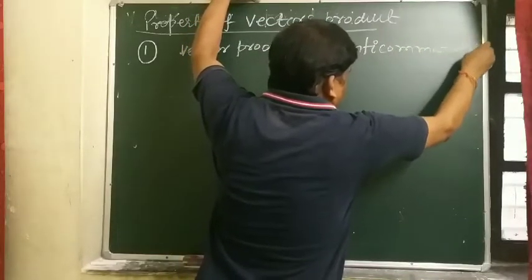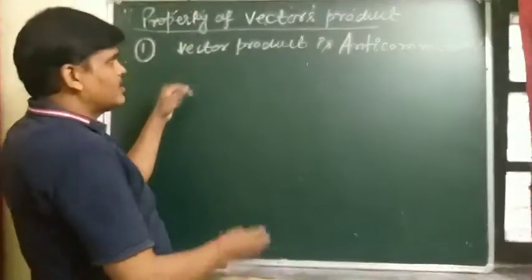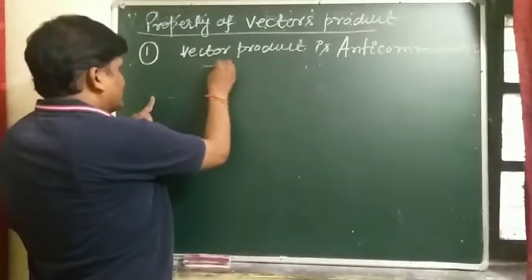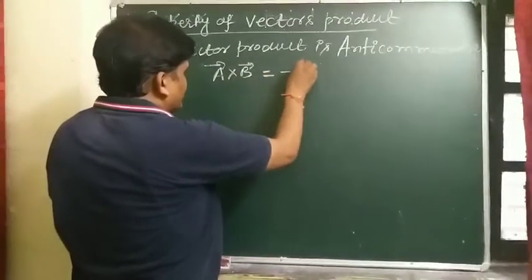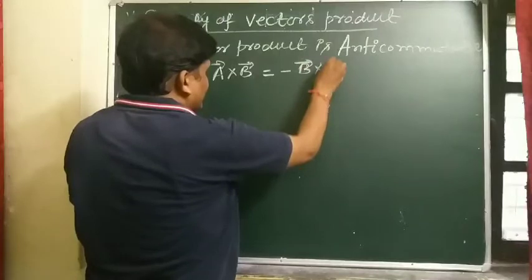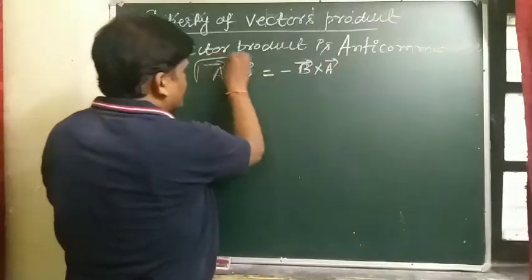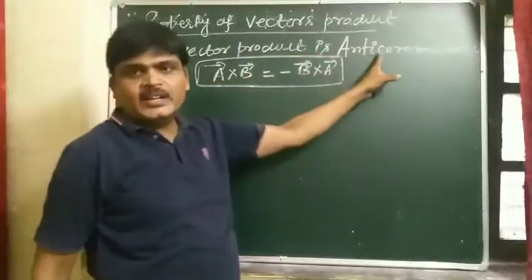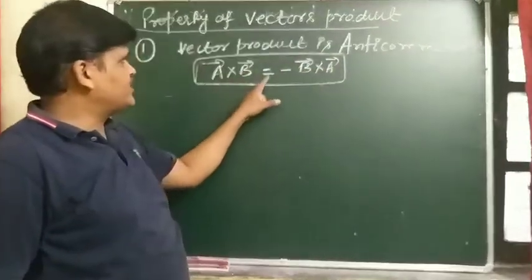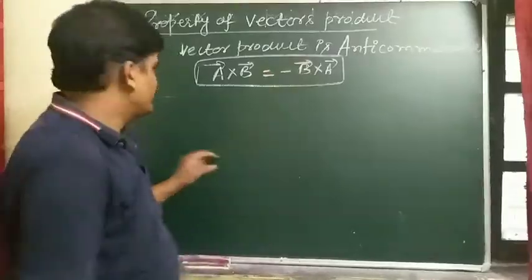It means it does not obey the commutative law. Vector A cross vector B can be written as minus vector B cross vector A. So the first property of the vector product is anti-commutative: A cross B equals minus B cross A.